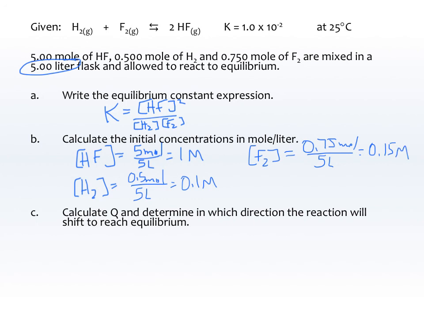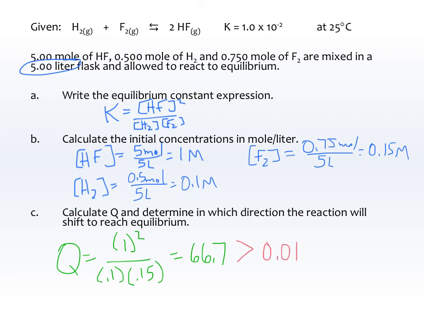So the next thing is we're going to calculate Q and determine in which direction the reaction is going to shift. So the Q expression and the K expression are the same expression. I've got HF squared, that's going to be 1 squared, divided by H2, which is 0.1. That one's not squared, and then F2, which is 0.15. So 1 squared over 0.1 over 0.15 ends up with 66.7. So if Q is 66.7, that is much greater than K, which is 0.01.